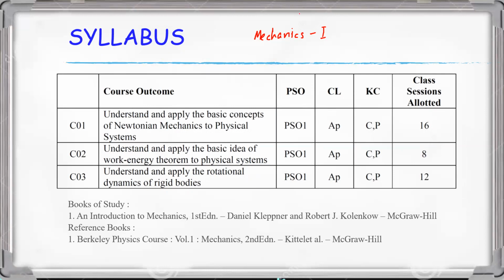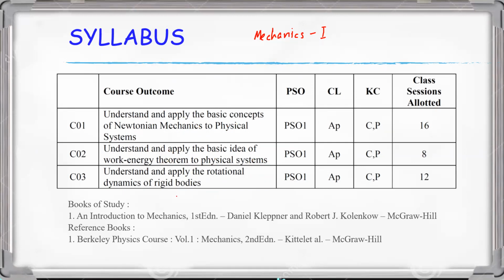For the mechanics course, the outcomes required: First one is to understand and apply the basic concepts of Newtonian mechanics to physical systems. And the second outcome, understand and apply the basic idea of work energy theorem to physical system.